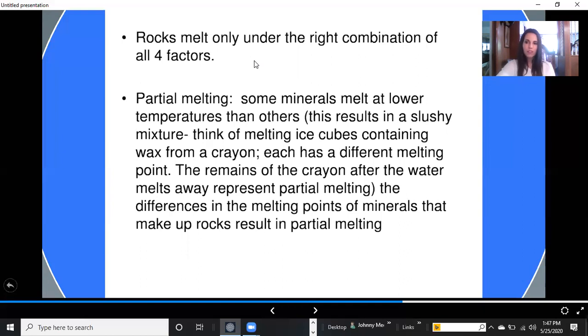The wax would melt a little bit, but the ice would melt pretty quickly. So let's say we melted them for so many minutes and all of the ice had melted, but not all the wax had completely melted. This would represent partial melting. So what happens is the water melts away, and then those elements remaining are what is left from the partial melting.